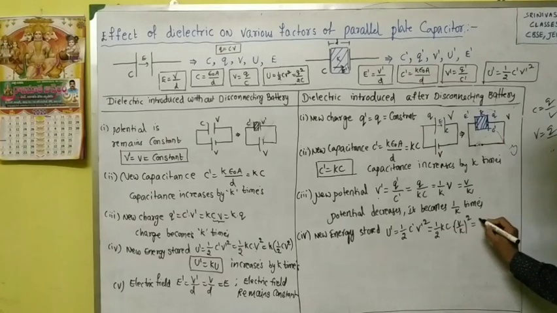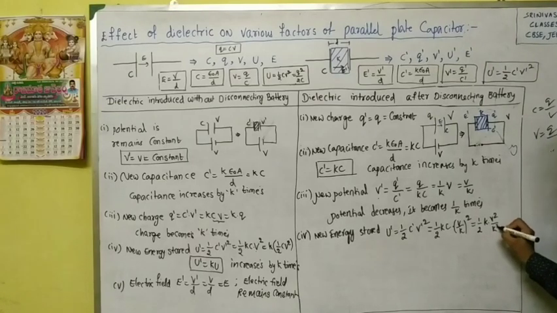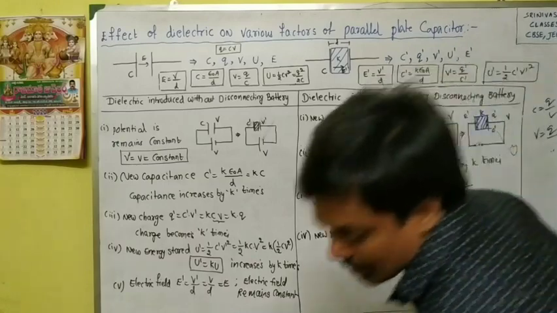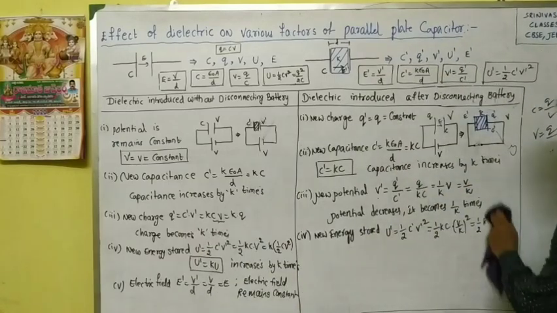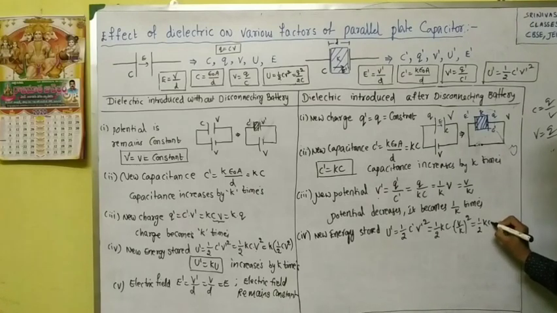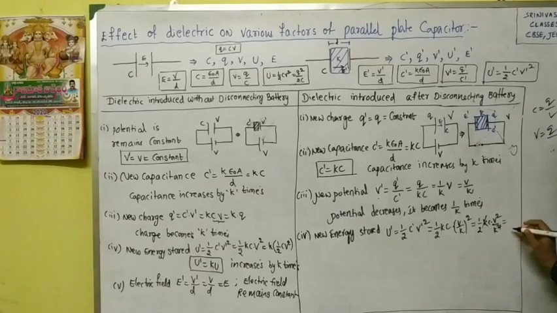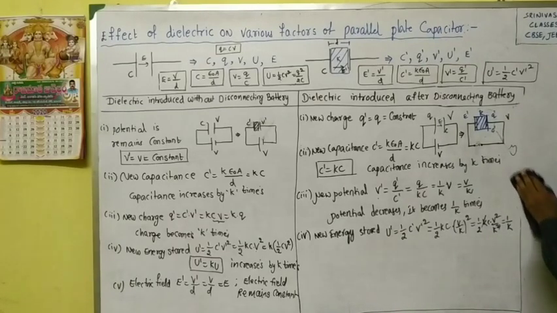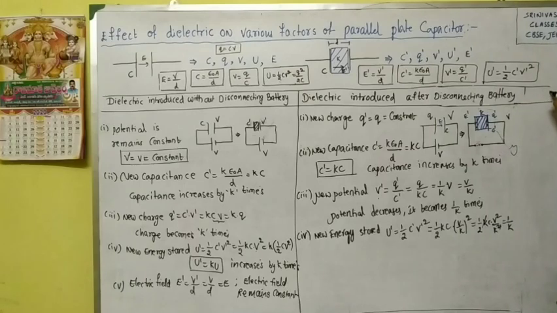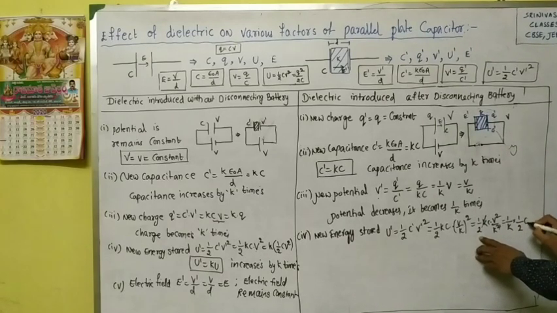Now let us simplify this. Half of Kc into V square by K square, right? This K square will cancel. Now what will you get? 1 by K into the remaining part, which is half CV square.